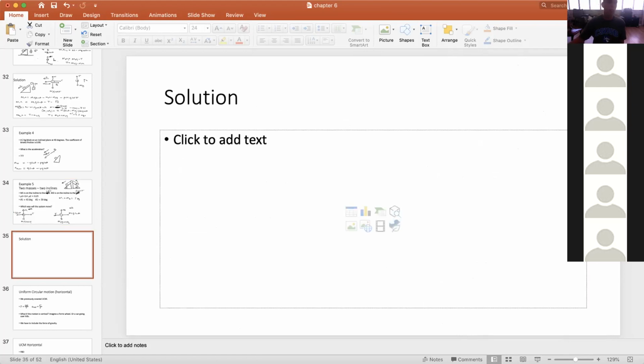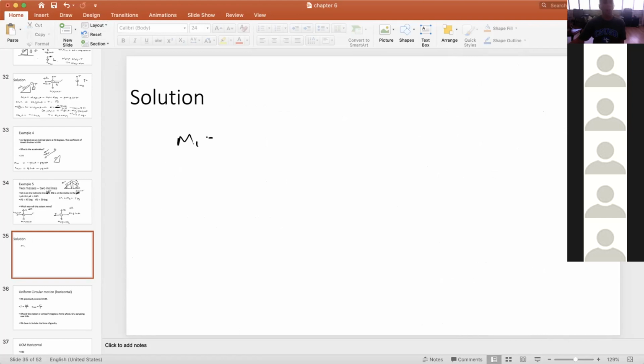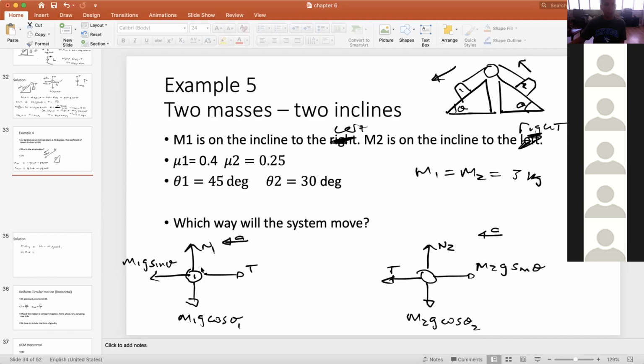I can write my equations as m1a1y is N1 minus m1g cos theta 1, m1a1x is T. If it's going that way, force of friction 1, force of friction 2, they both go opposite the acceleration.